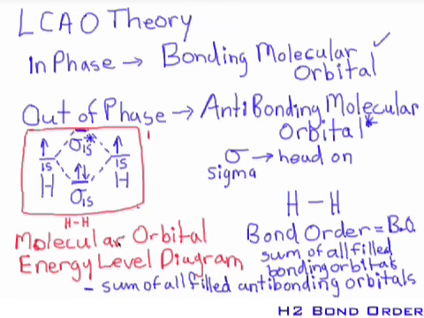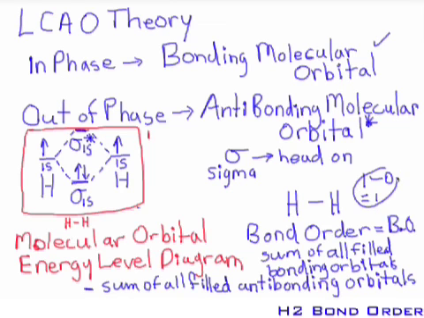So, bond order is, I take all the filled bonding. Well, I see I have one orbital that's filled, and subtract from it the filled antibonding. Well, there's no electrons in the antibonding, so it gets a 0. So bond order in this case is 1 minus 0, or equal to 1.